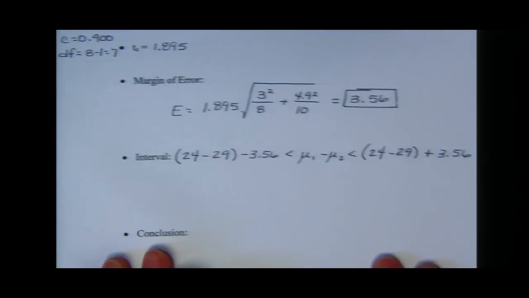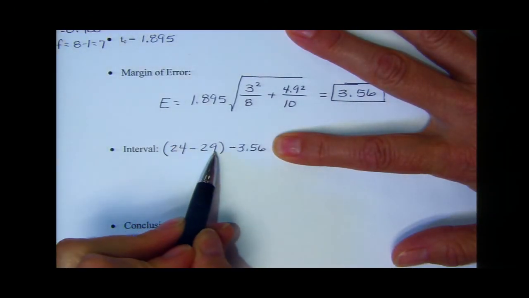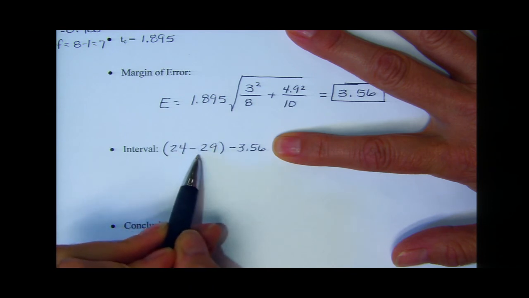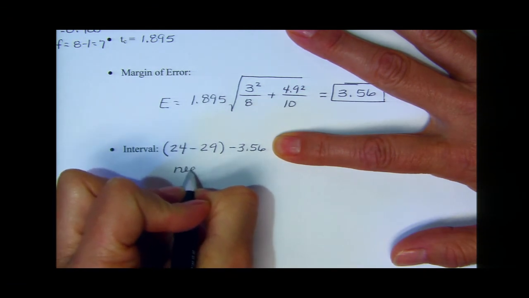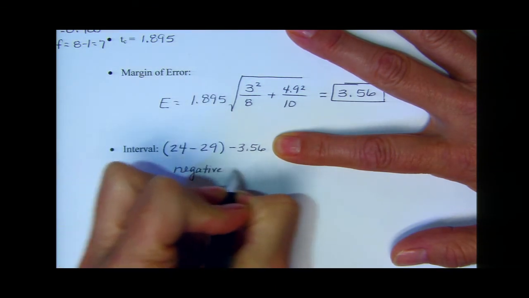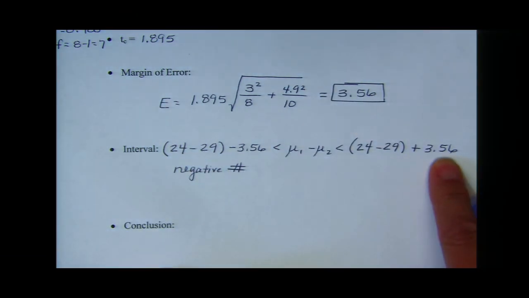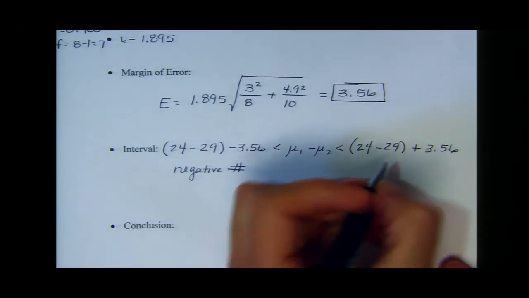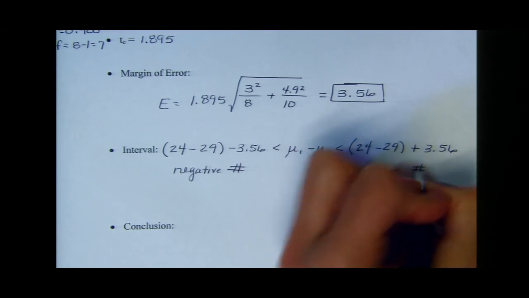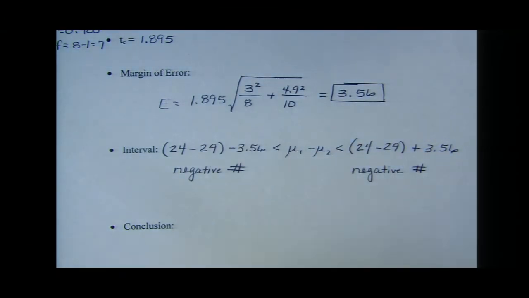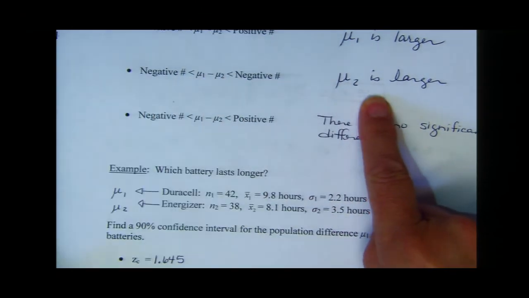I'm interested in whether they are positive or negative. 24 minus 29 is -5. -5 minus 3.56 is going to yield a negative number. Here I have -5 plus 3.56. -5 is bigger, so this will give me a negative number as well. And if you go back to your conclusions, if they're both negative, you know mu2 is larger.